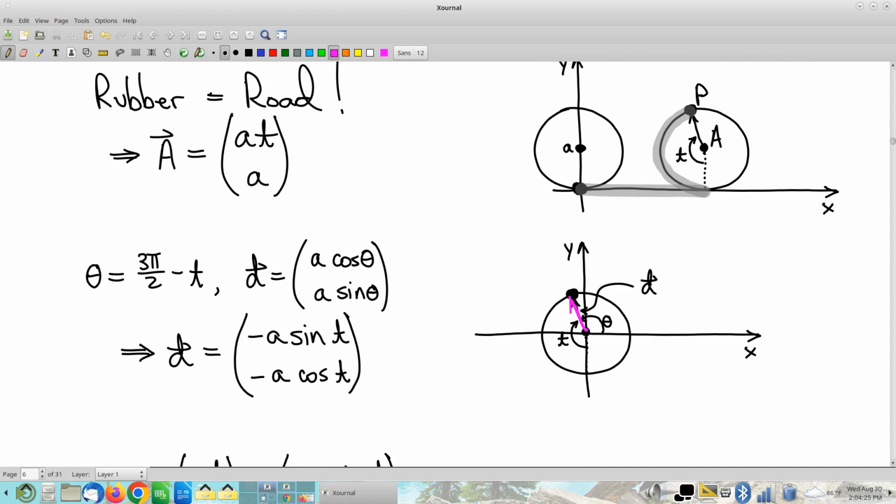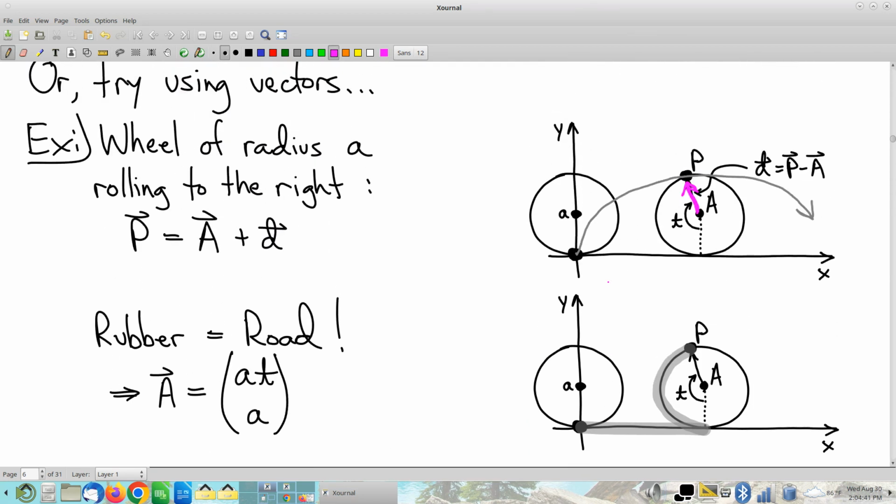The vector is just kind of going around a circle. And that's going to be pretty easy to describe. There's some details. We'll go through the details in just a moment. But ultimately what we've got here is a hard to describe thing, the reflector, being a sum of the axle and this purple D vector.